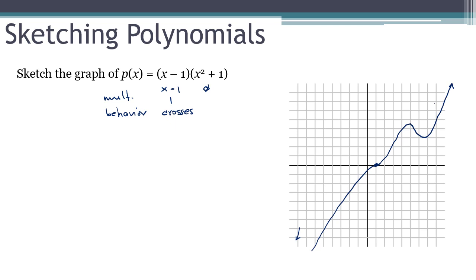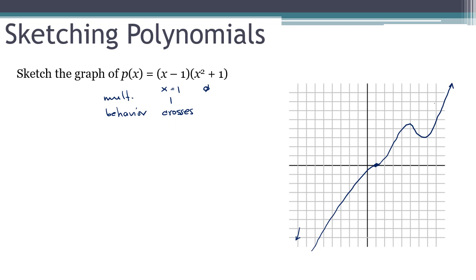It could bounce around in there. I don't know which. My tools don't answer this yet. To answer that question, we're going to need more information. We're going to need more tools, tools that give us different pieces of information.